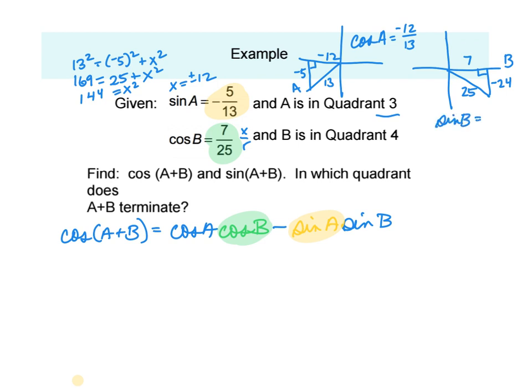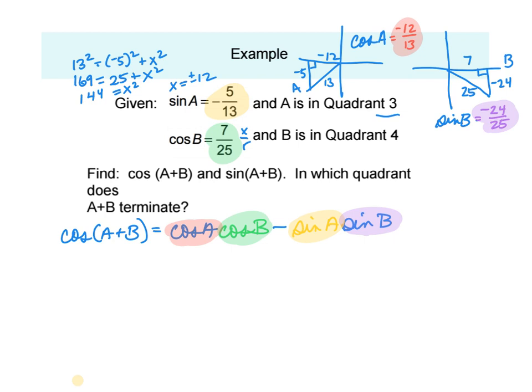Sine of b is y over r, so that's negative 24 over 25. Now I'm going to have all the information I need to fill in my formula. So, ready to fill in?